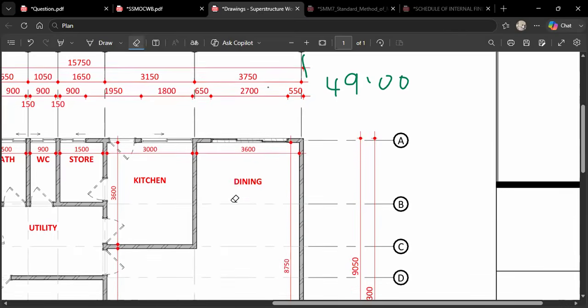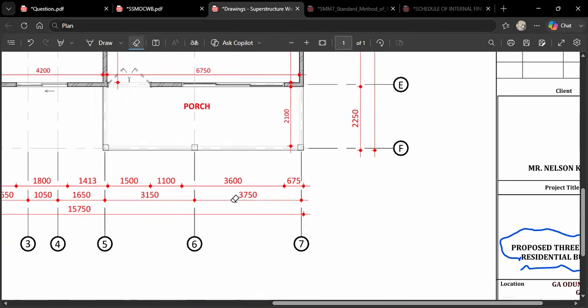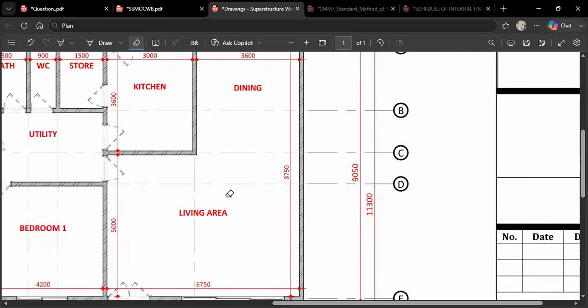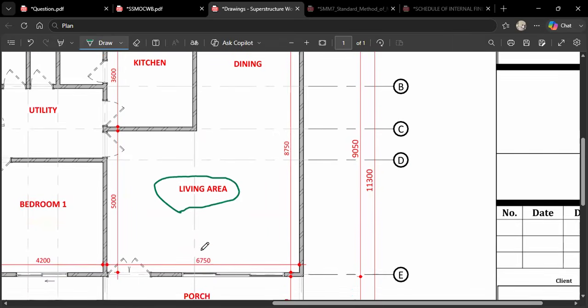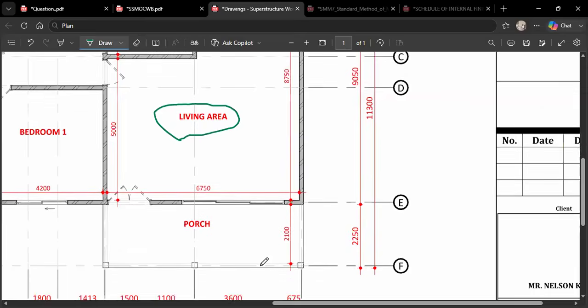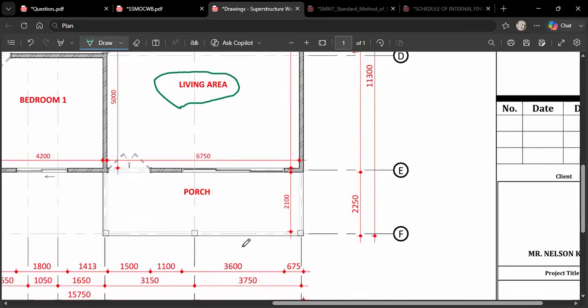So first of all, let me start from this side. From this side, you realize that the total length of the window is what? We are starting from the living area, not from the dining room. If you take the plan and focus on the living area, you will see the long window over here, 3,600.